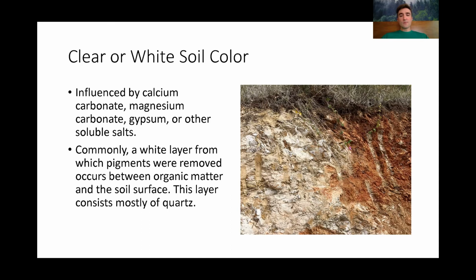You can also end up with a layer of white soil if pigments have been removed, and that can happen as a chemical process. Oftentimes when organic matter hits the soil, the acids in the organic matter, the humic acids that are released by the living things, are actually helping to mineralize the soil.